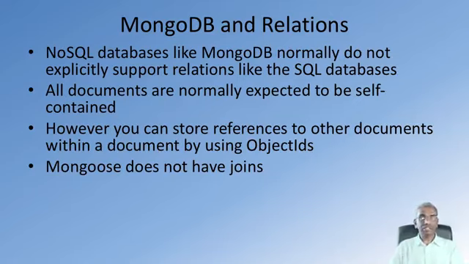That is what we will discuss in a little more detail. Mongoose itself, as we realize, being a module built on top of MongoDB, doesn't have explicit support for joins the way we talk about joins in the SQL world.